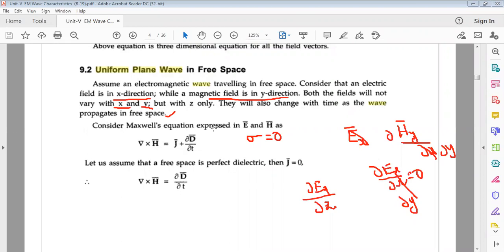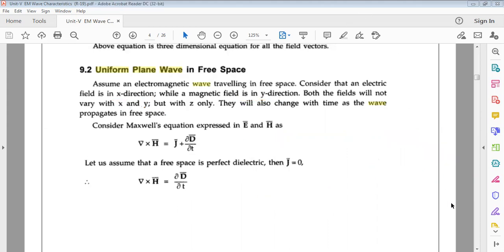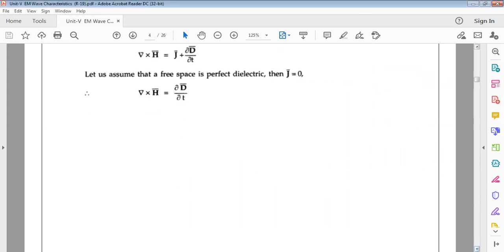So del cross H bar is equal to J bar plus dou D bar by dou t. In free space, it is a perfect dielectric, so the conductivity is 0, because J bar is equal to sigma into E bar. If conductivity is 0, J bar is equal to 0. Del cross H bar is equal to dou D bar by dou t.